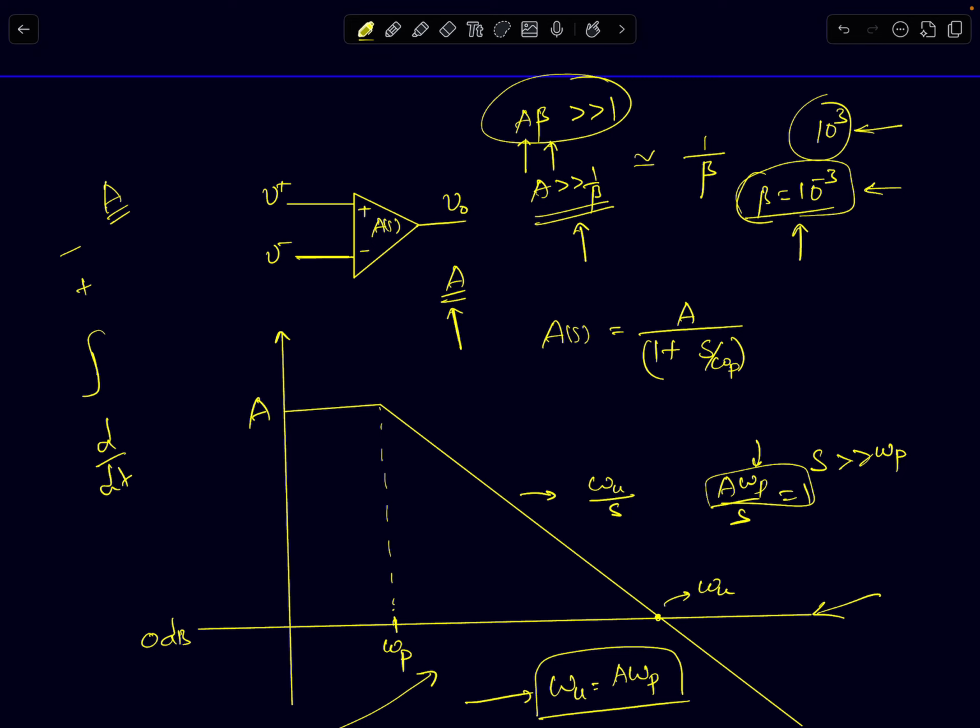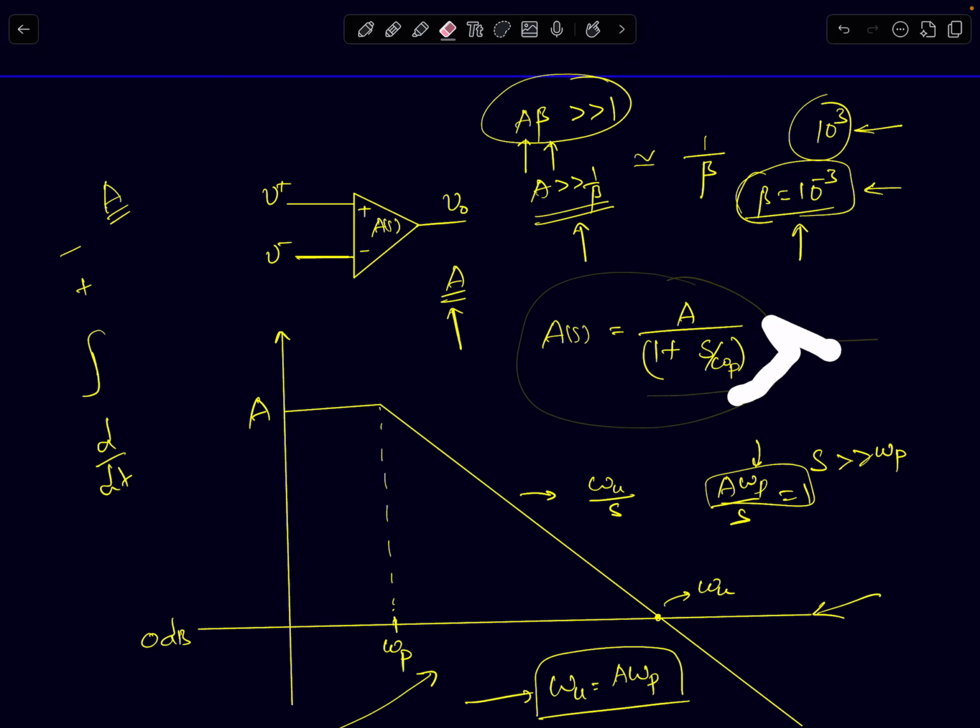We convert the frequency response in such a way that it looks like a first order response until around the UGB, the unity gain frequency, where it more or less looks like a first order transfer function. So this approximation is very good for the frequency response model of an op-amp with a finite DC gain and a single pole at a low frequency.